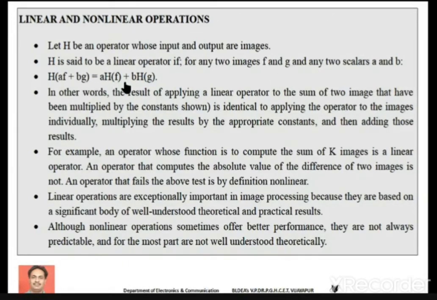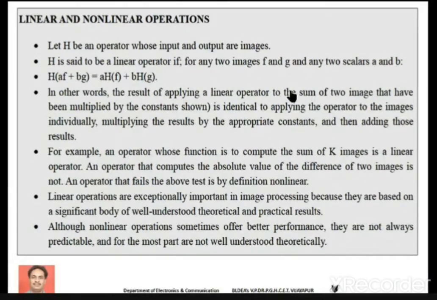A and B are constants, or two scalars. H indicates some operation on the image, whose input and output both are images, right? F and G are the images on which the operation is carried out. A and B are two scalars.